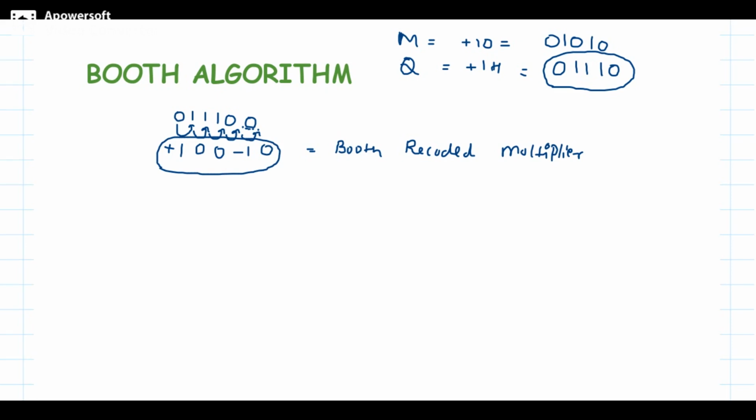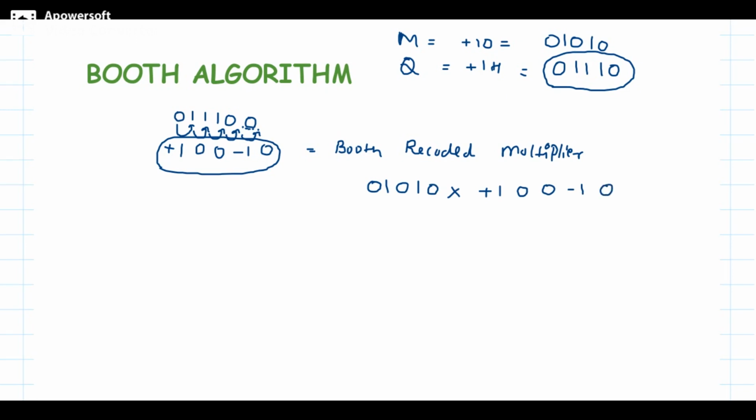Now we'll start the multiplication. I'll write m as it is, that is 0 1 0 1 0, into plus 1, 0, 0, minus 1 and 0.